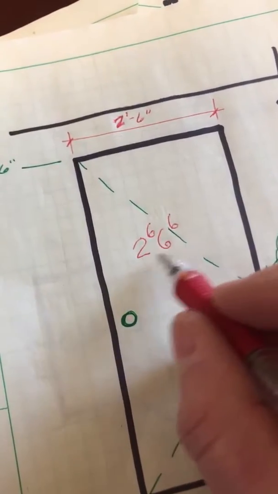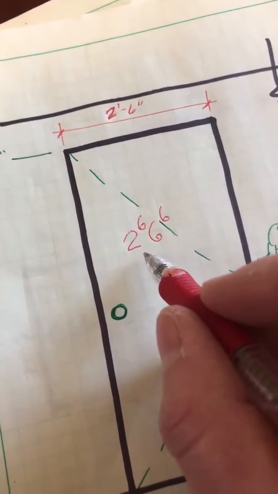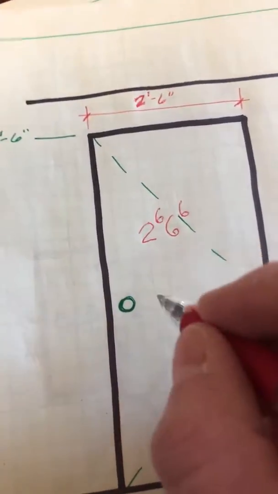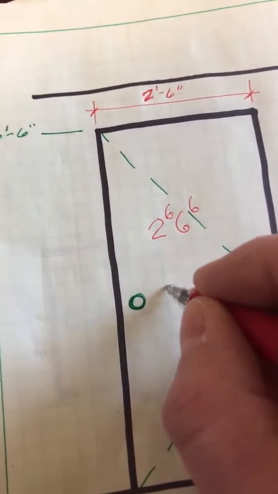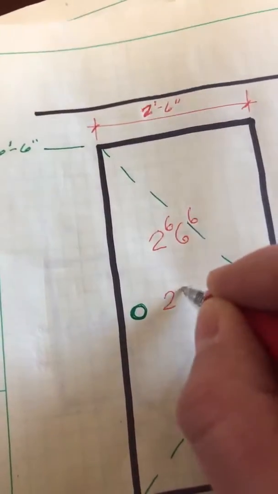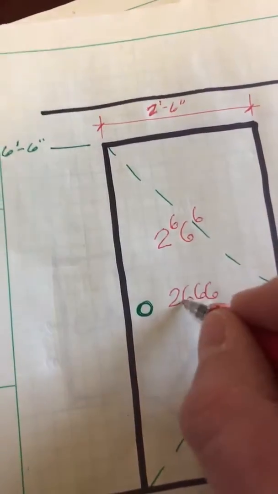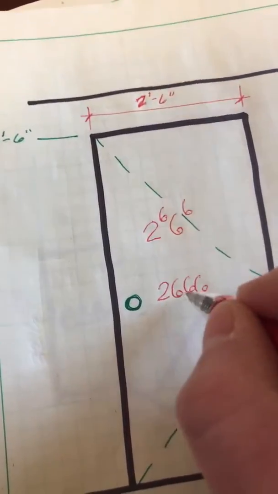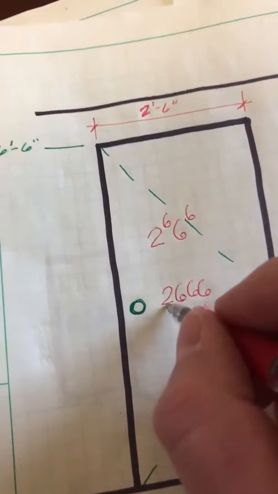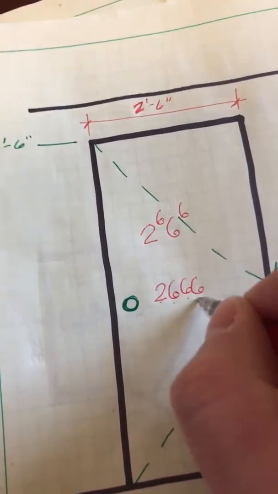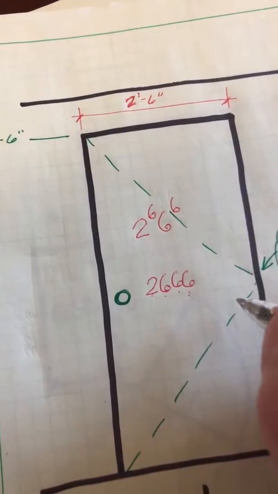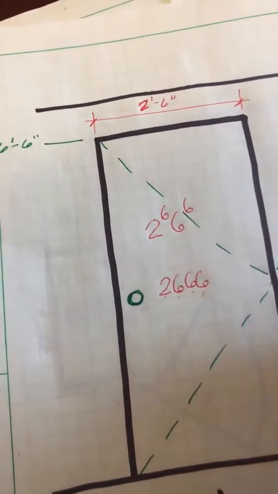And that's an older way of seeing it, especially on hand-drawn plans. But now with the computer-generated plans, they get written out like this. And we have to remember that this is not 26 inches by 66 inches, but it's 2 feet 6 inches by 6 feet 6 inches. And that's how doors are usually referenced.